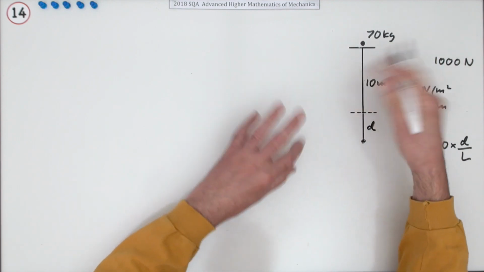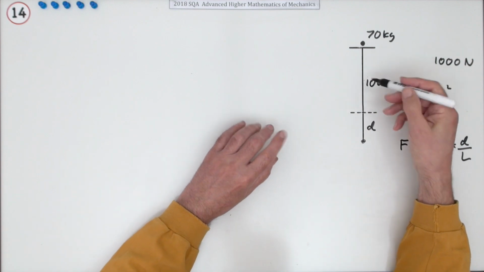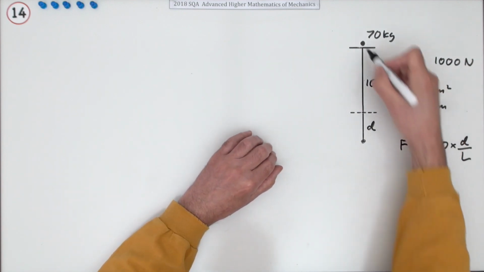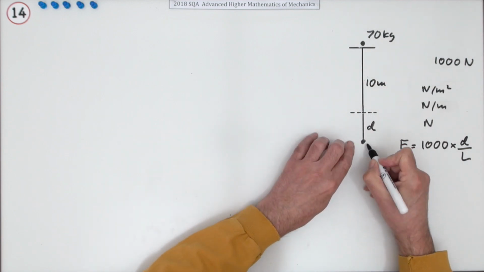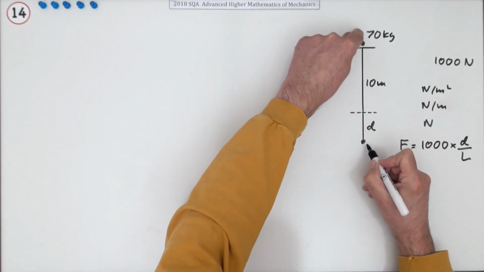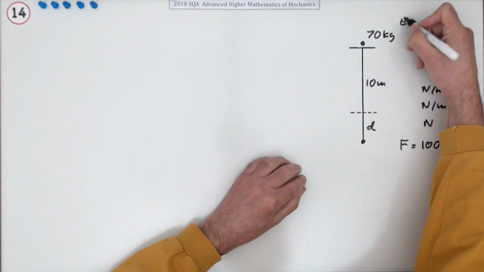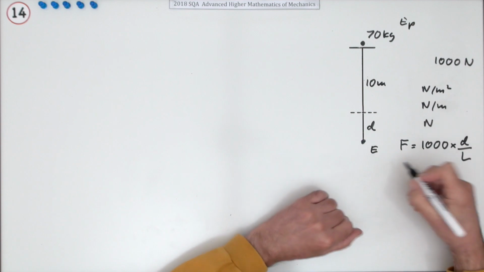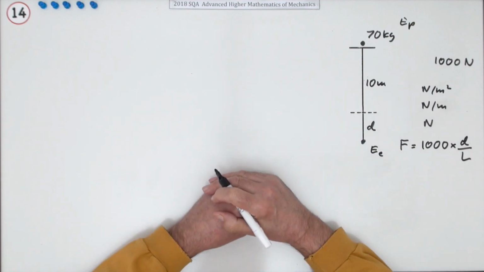What happens in between is there's all sorts of combinations of transfers to kinetic energy and some of the elastic energy, but by the time you get to the bottom and it stops, all that potential energy has been transferred into this stretched cord, so it's all become the elastic energy.